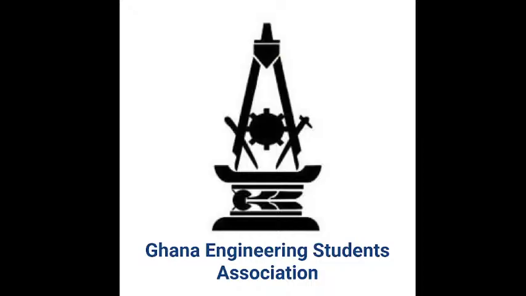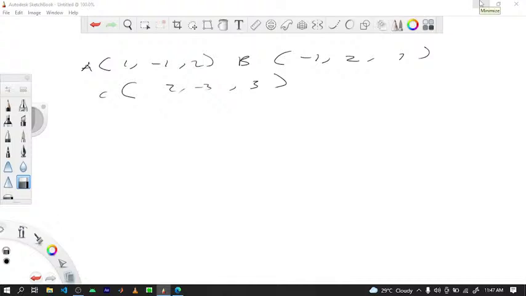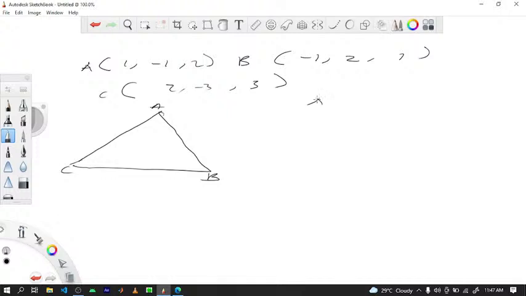I was having a few technical issues. In this form, right, we've been given A, B, and then C. The area is going to be half the magnitude of the cross product of any two sides. So we can take maybe AB cross, let's say AC, right?